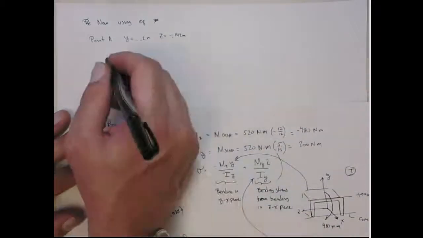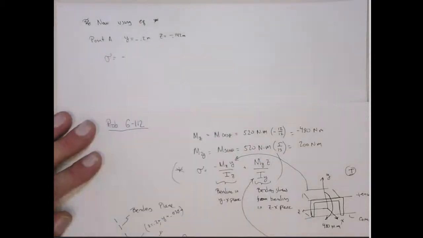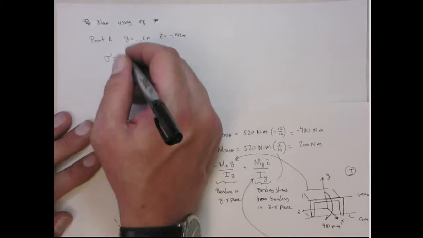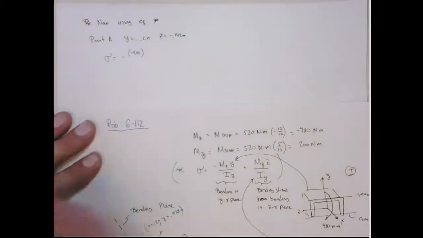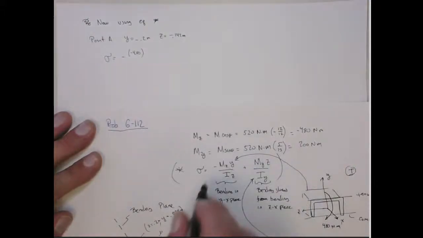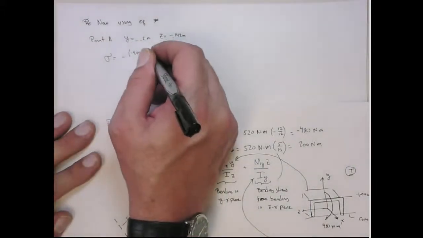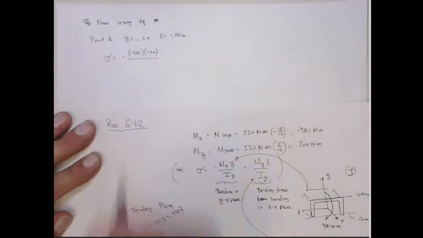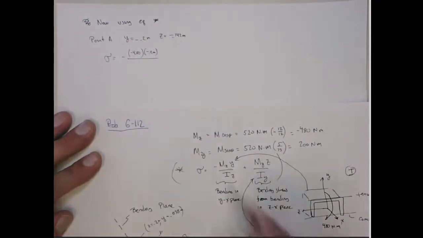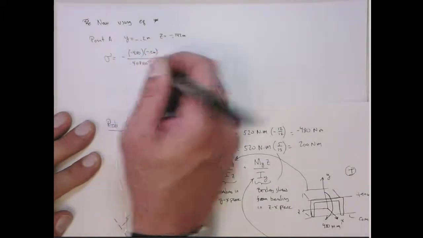This will give me that sigma is equal to minus Mz, which is a minus 480 Newton meters, times the distance y to that point A, which is minus 0.2 meters, all over Iz, which is 0.407 times 10 to the minus third meters to the fourth.